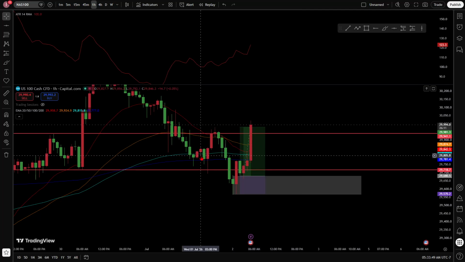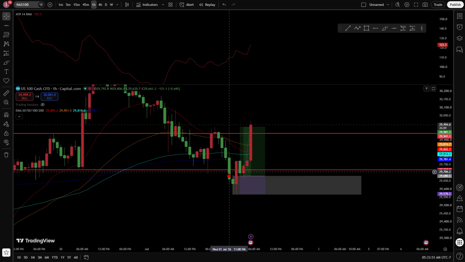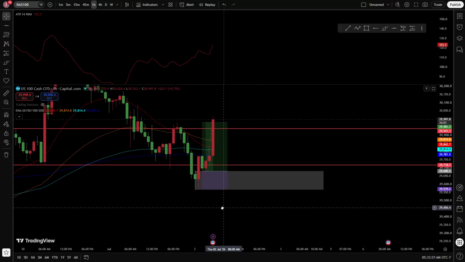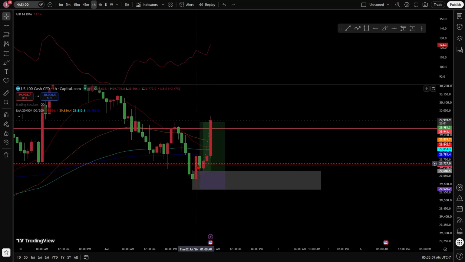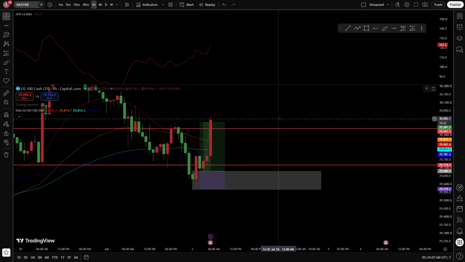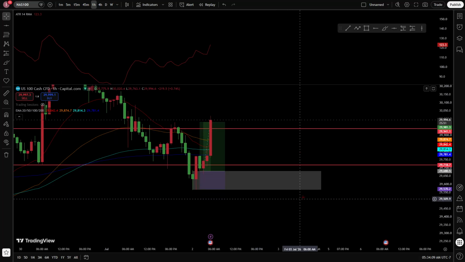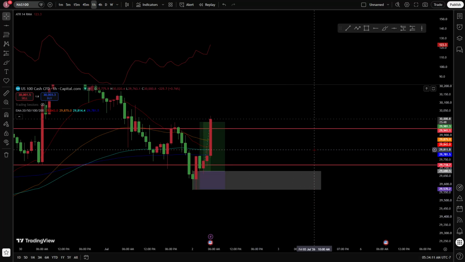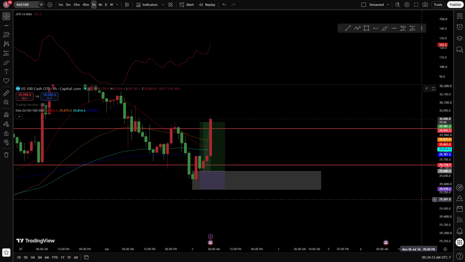But you see how price went up, dumped, entered off the sweep, and an order block was made. Not an order block, but a demand zone. We tapped into it, it supported. That would have been our entry, just to boost.